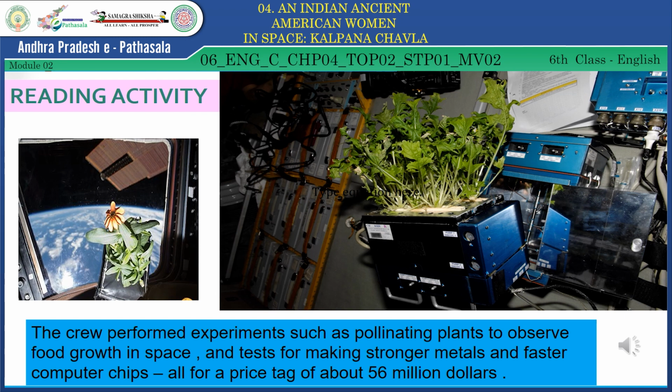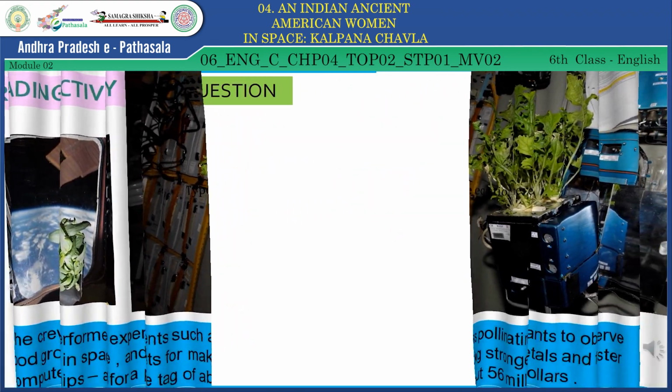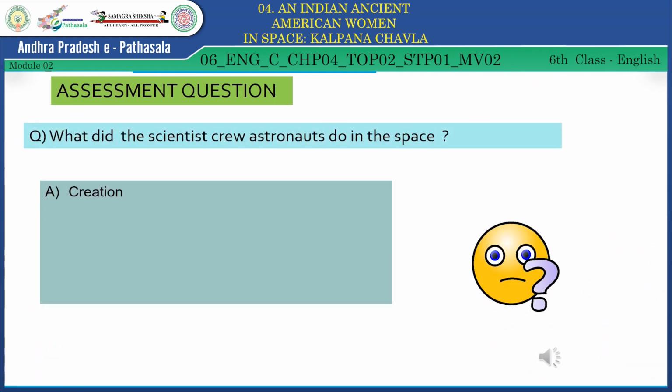Check your knowledge by answering the question. Assessment question. The question is, what did the scientist crew astronauts do in space? Option A, creation.